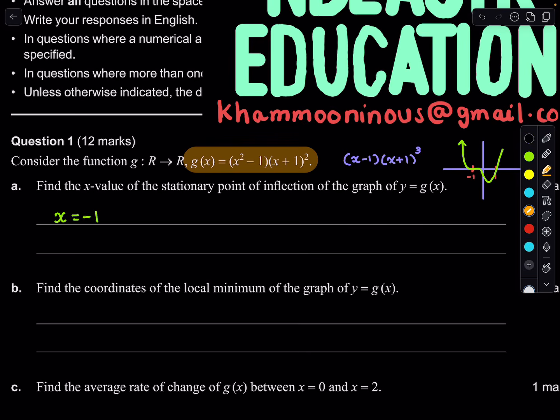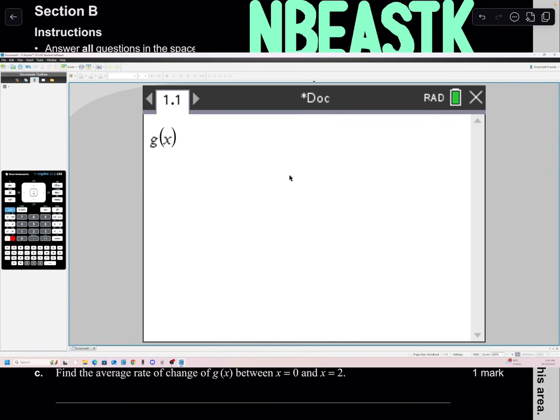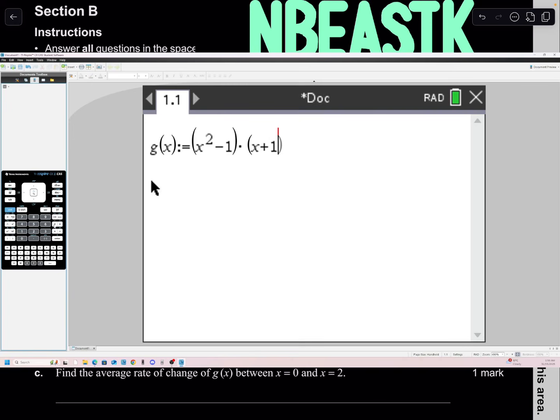Now, let's also do this by CAS, of course. How do you do it by CAS? Let's go on our CAS and, of course, define it. So g of x is going to be x squared minus 1 times x plus 1 squared.